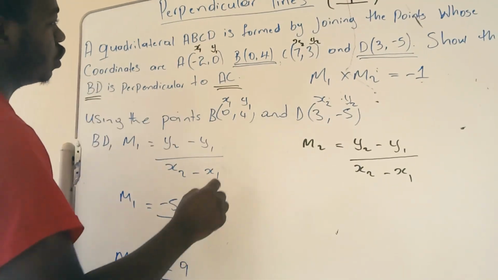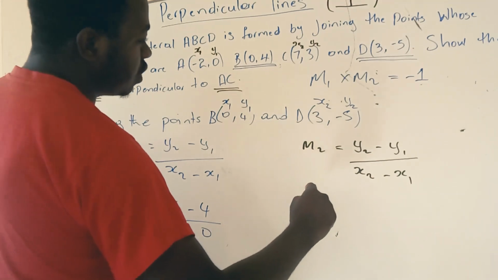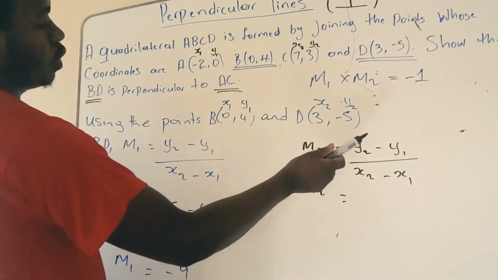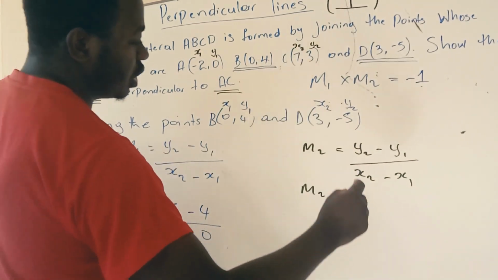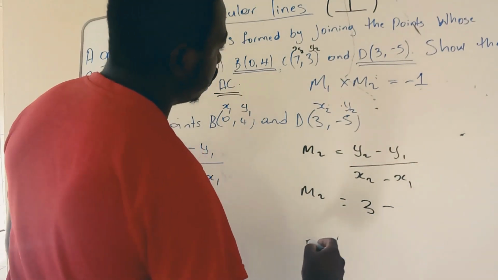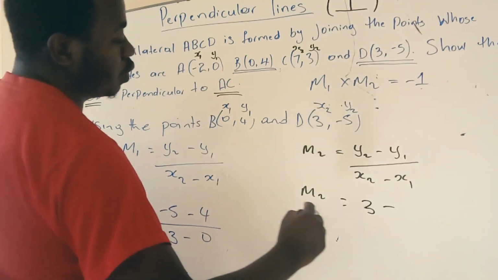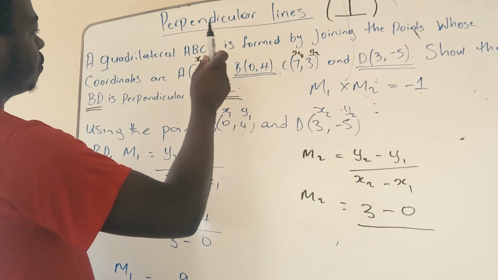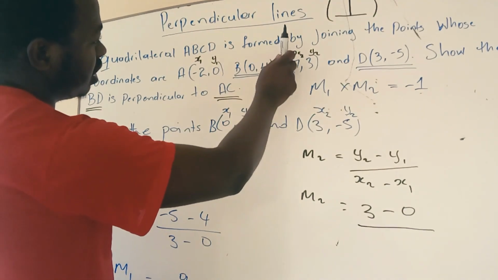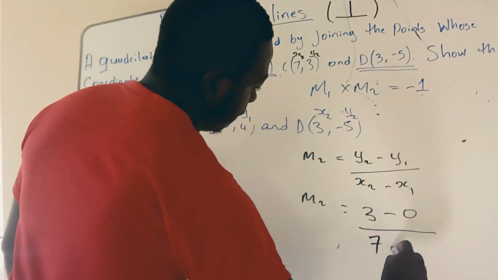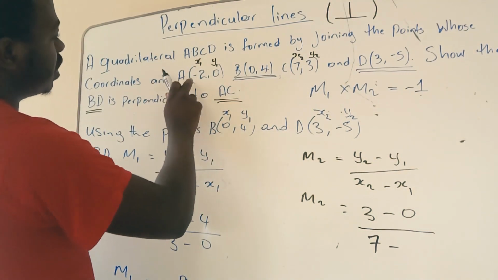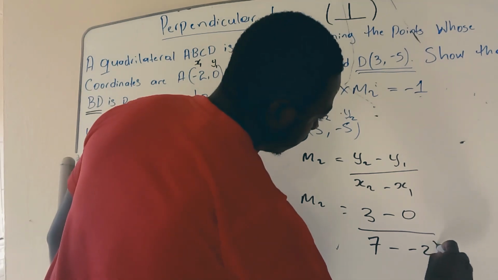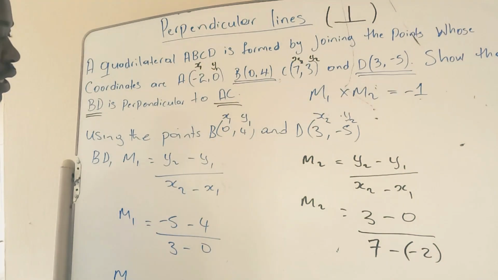So now, we just need to substitute these values into this equation. So M2 is equal to Y2. What is Y2? 3. So that is 3 minus Y1. What is Y1? 0. All of that divided by X2. What is X2? 7 here. Minus X1, which is negative 2. So it is minus (-2). Remember to put your bracket.